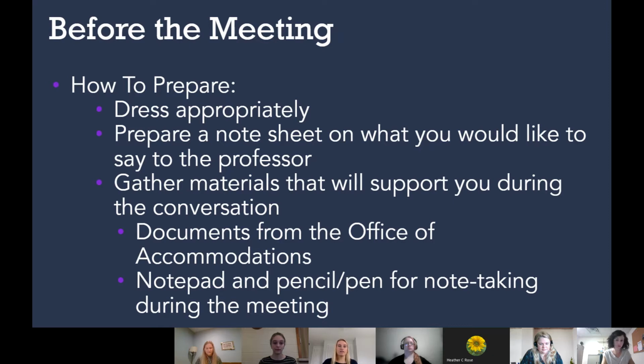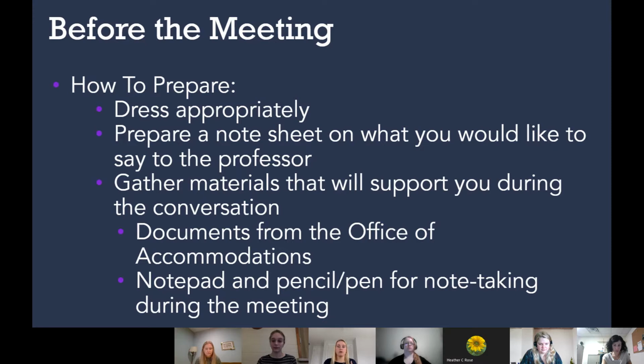So before the meeting, there are some things to consider in order to prepare. When meeting with a professor, it's important to dress professionally, as Allie just went over. It would also be useful to prepare an outline of what you would like to discuss during the meeting. Try to stray away from a script.